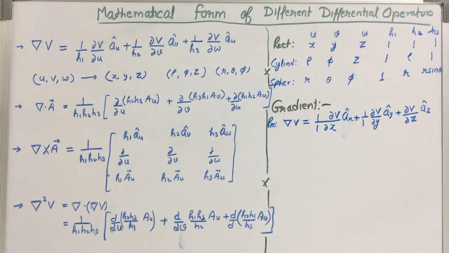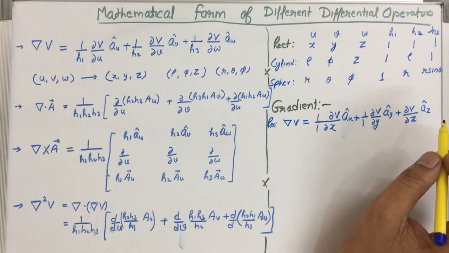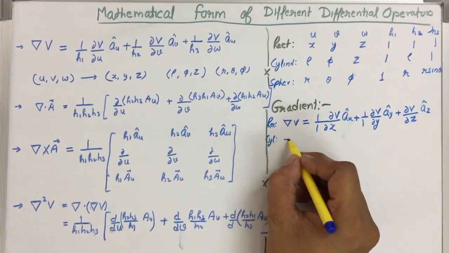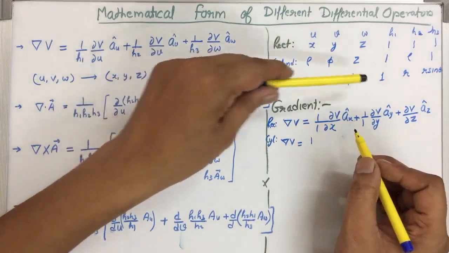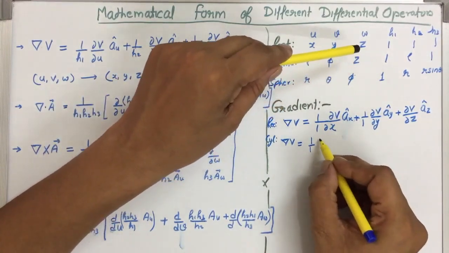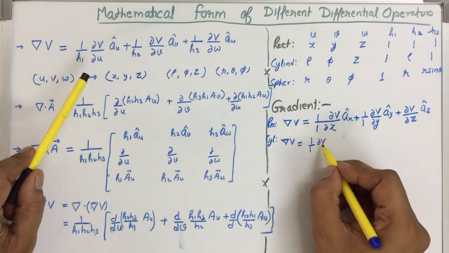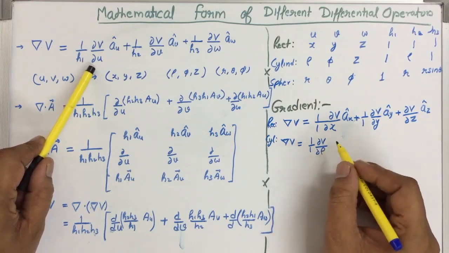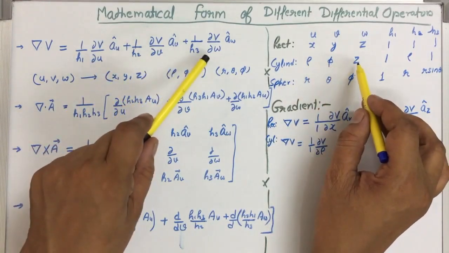So divergence can be written in the rectangular coordinate system like this. Now in the cylindrical coordinate system, it can be 1 by h1, which is 1, del v over del rho, because in cylindrical u will be rho, v will be phi and w will be z.